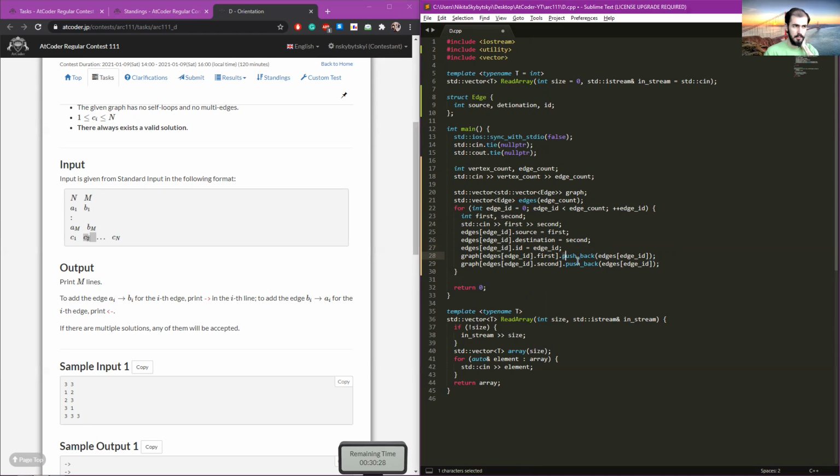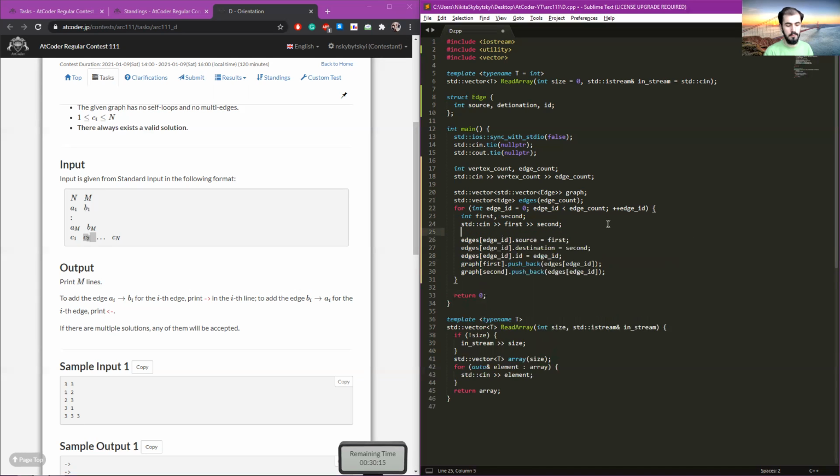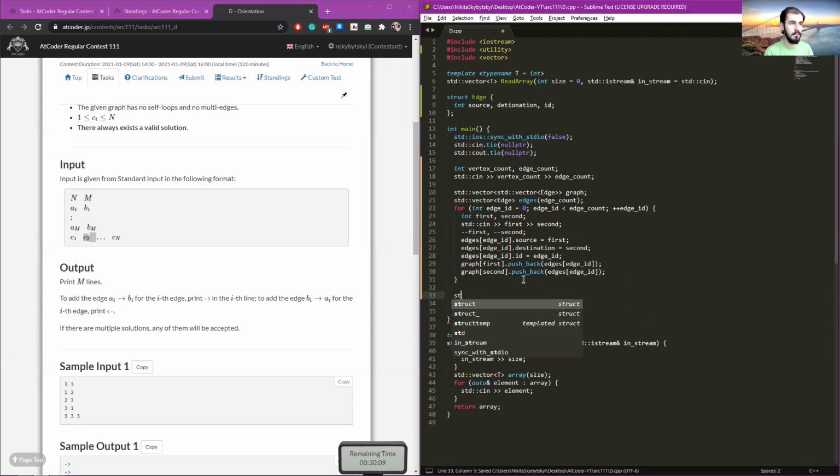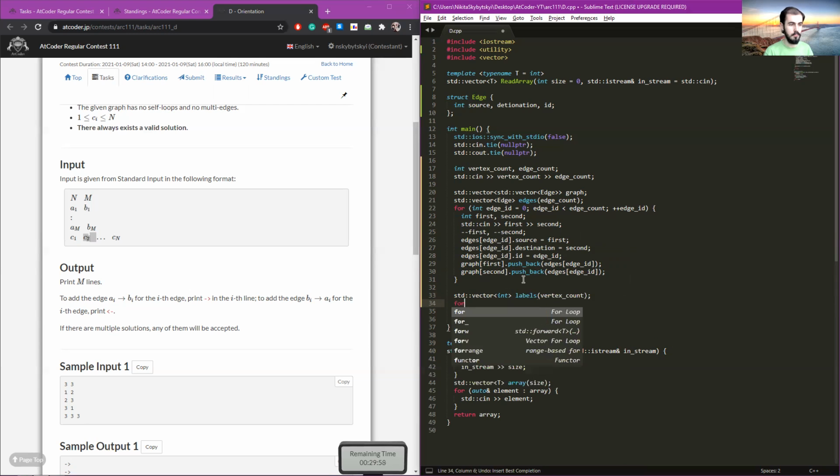It's getting a bit messy. I don't like how it goes. Also, vertex IDs, I believe we should decrement. Here we have a vector of labels, size vertex count.